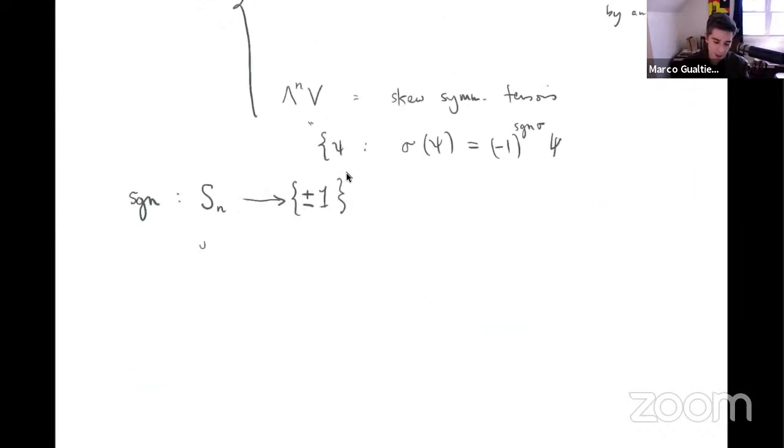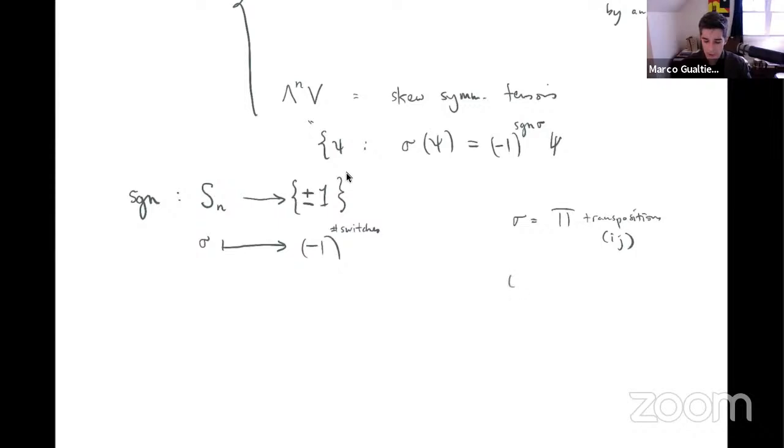It takes a certain permutation to -1 to the number of switches. So if you express this as a product of transpositions, which just switch I and J, then the number of these transpositions tells you what the sign of the permutation is.